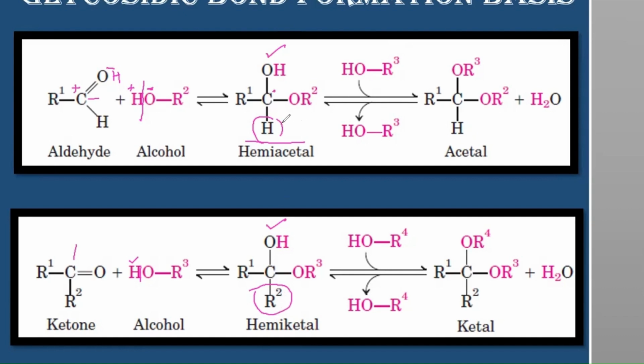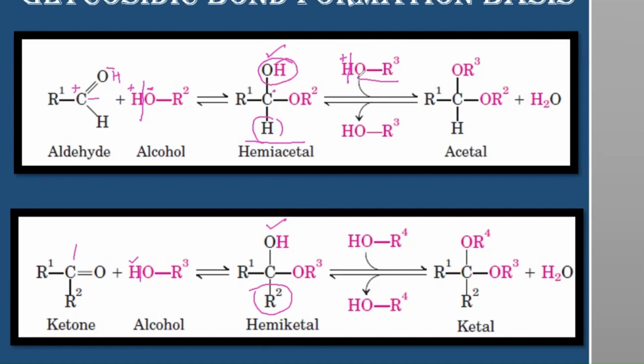Now, when these cyclized hemiacetals and hemiketals again interact with another alcohol, what happens is that this alcohol once again ditches its hydrogen, right? And this carbon ditches its hydroxyl group, the whole of this hydroxyl group.